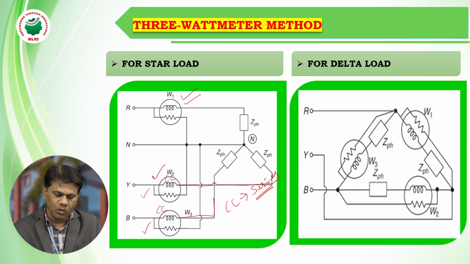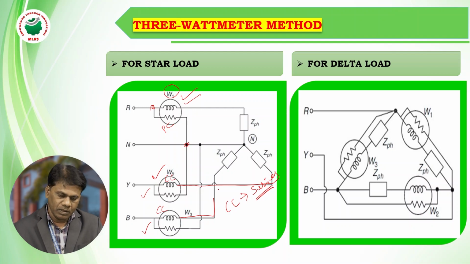Whereas the pressure coil of each wattmeter, for example the pressure coil of wattmeter W1, is connected between the line and the neutral for a star connected load.